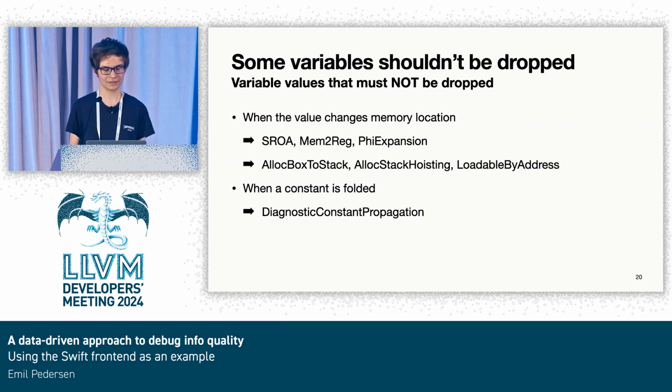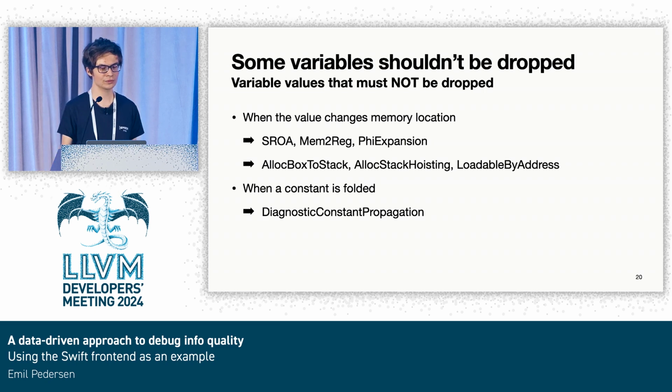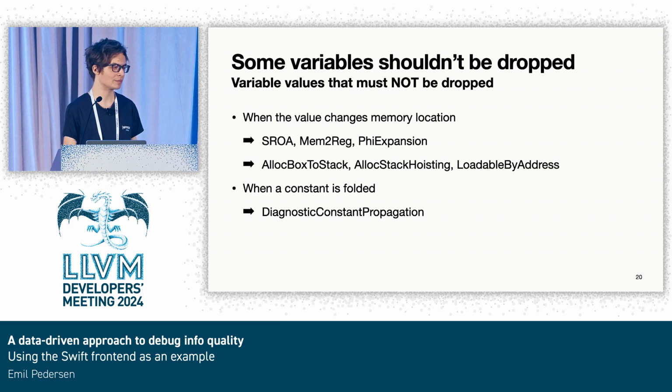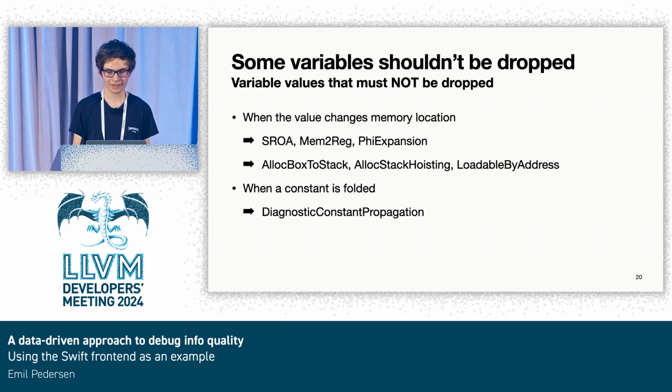But some passes should definitely not drop debug values for variables. When a variable is split into multiple allocations, like with SROA, or when it is moved from an allocation to a register with mem2reg, or when it is moved from the heap to the stack with alloc box to stack, the debug value should follow.